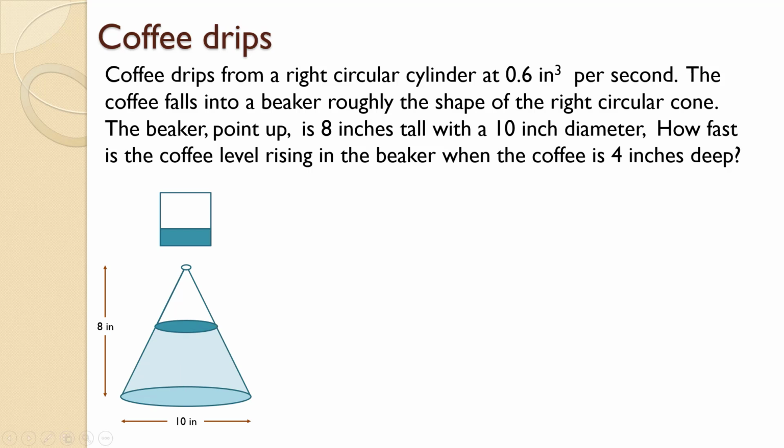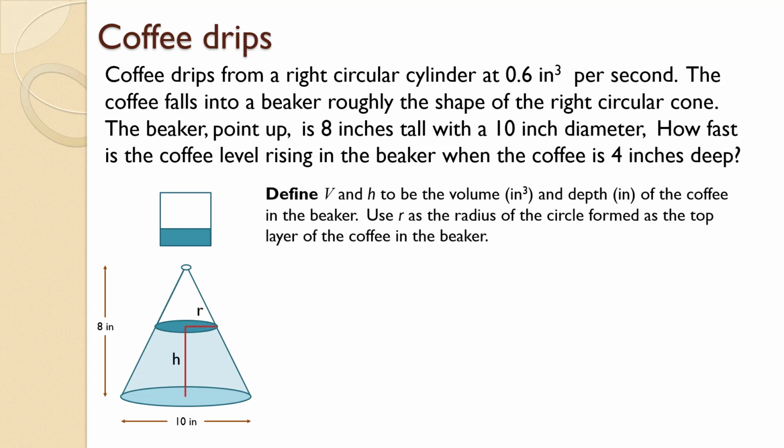In the problem, they mention a change of volume of the amount of coffee in this beaker. So I certainly need a variable for volume of that liquid. And also, we want to know about how fast that depth changes, so I need a variable for that too. But I'll also need a variable that will represent the radius of the cross-section of coffee at that depth from the bottom of the beaker.